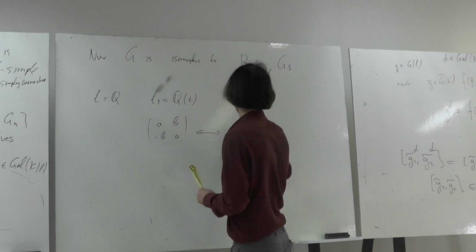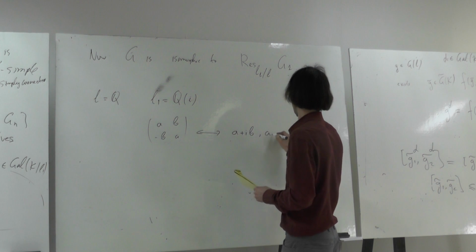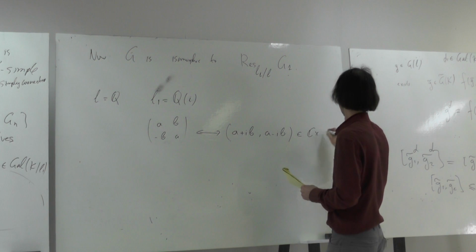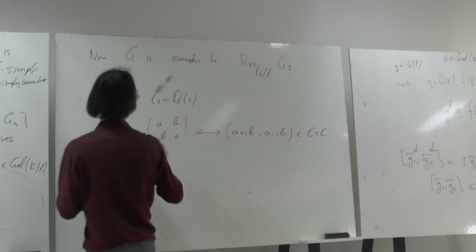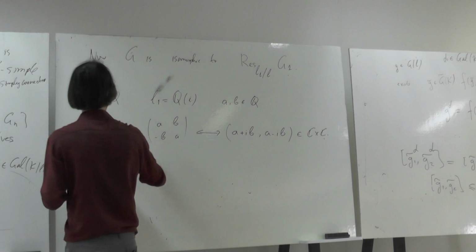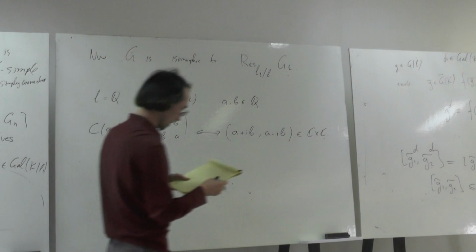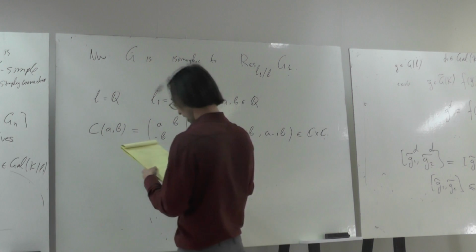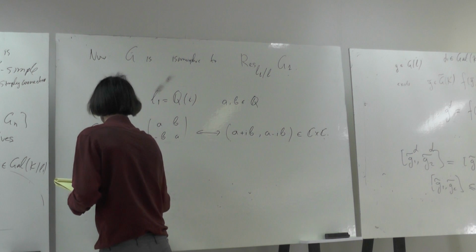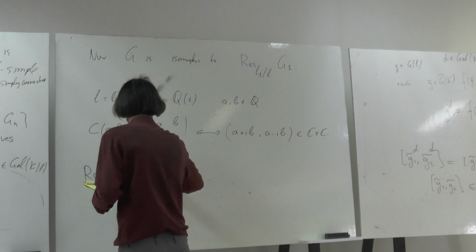So this corresponds to the scalar A plus iB, where A and B are rational. And if I call this matrix C(A,B), C for complex number, I can now define the restriction of scalars of Q(i) over Q of the group SL2.